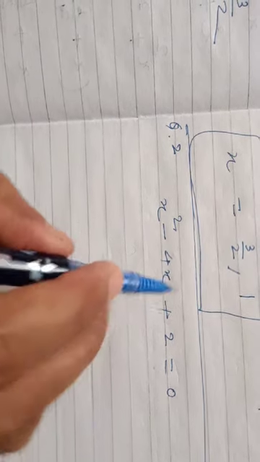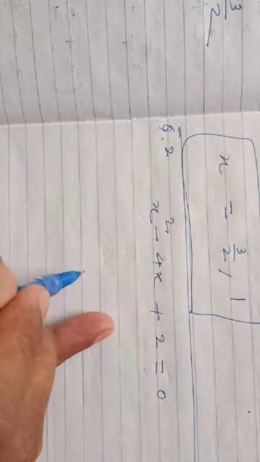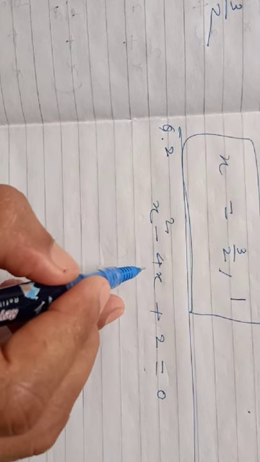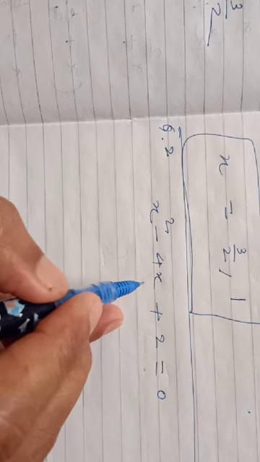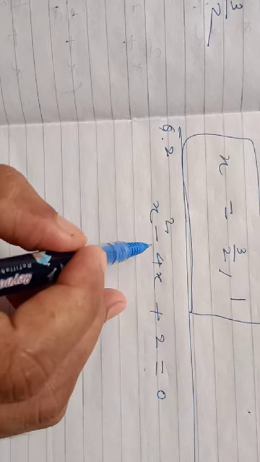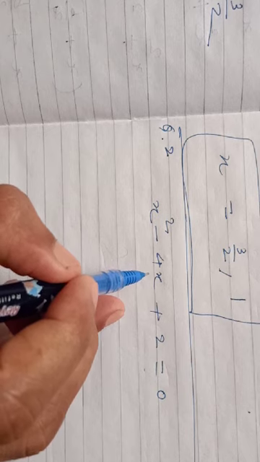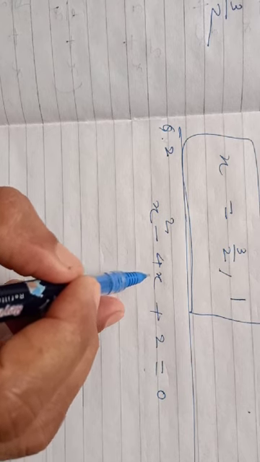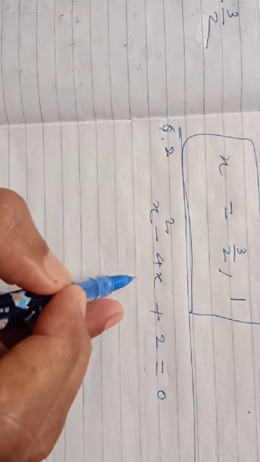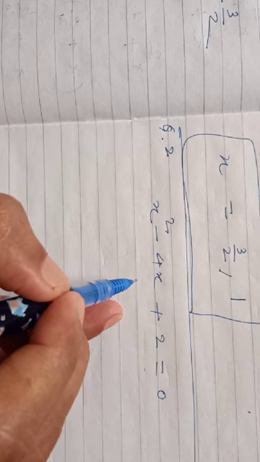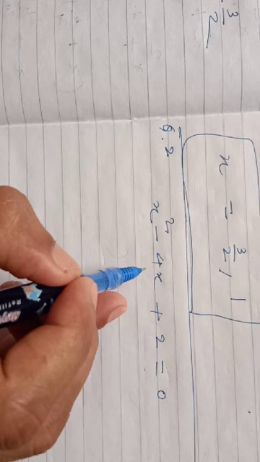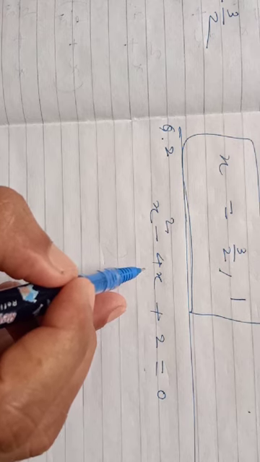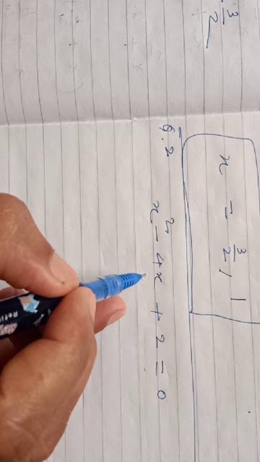the coefficient of x, it means the numerical value. We should observe only the numerical value. It means no need to take minus value and plus value like that. We should observe the numerical value, the coefficient of x. In the next step we should take half of the coefficient of x and add its square on both sides of the equation.